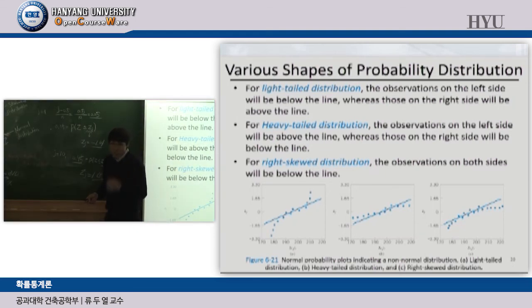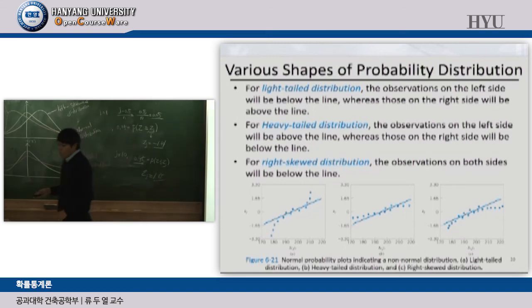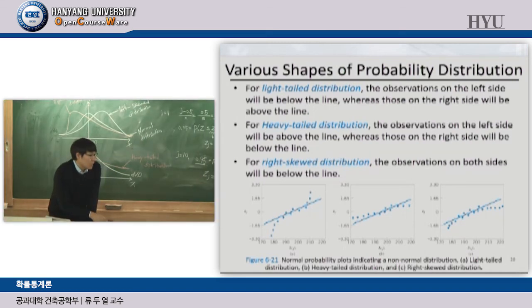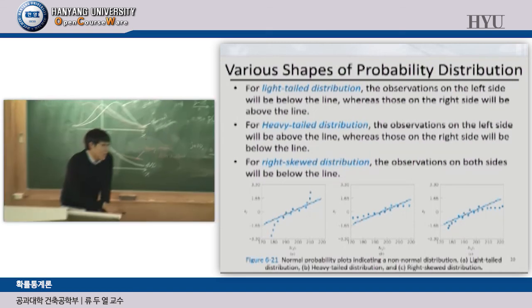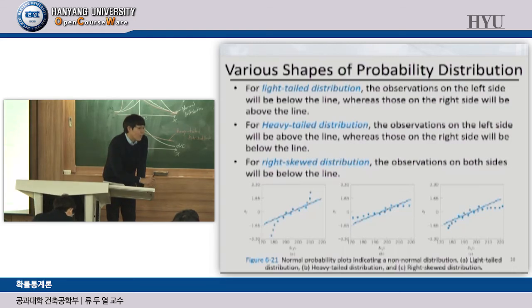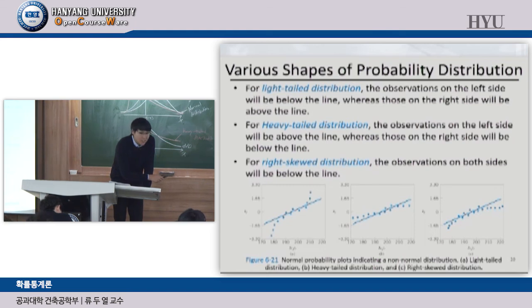Okay? So, from this probability plot, we can determine whether the selected probability distribution is appropriate to the obtained data points or not. Okay? So that is the purpose of using this probability plot, okay, from this class.